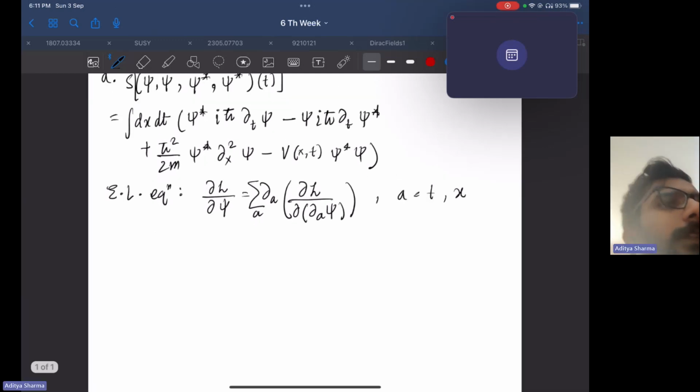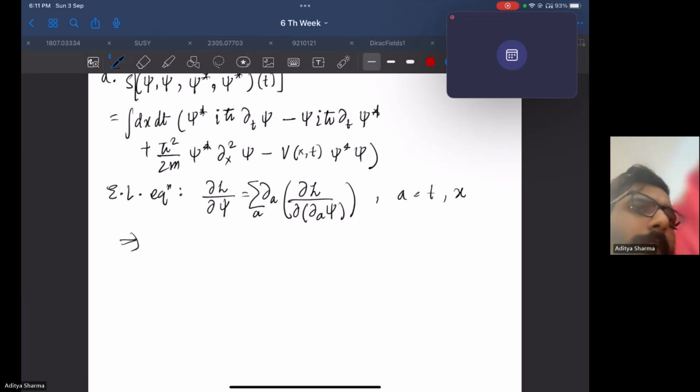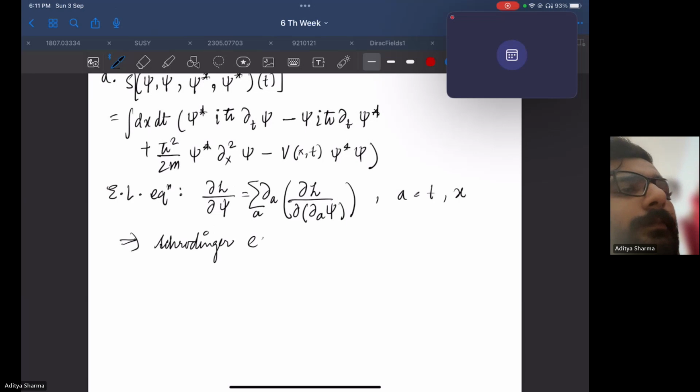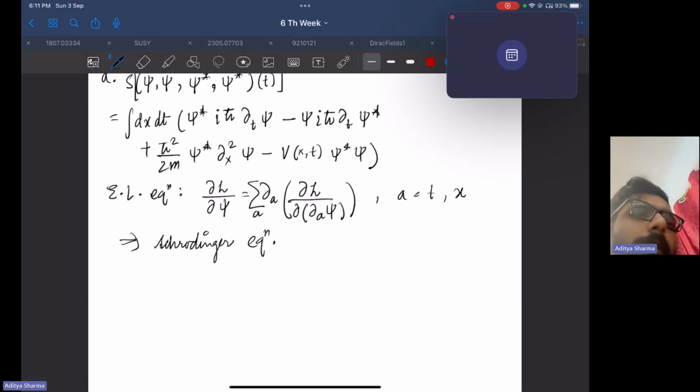When we do this, we are going to get the Schrodinger equation. We also described how the classical procedure, the Euler-Lagrange equation, gives a quantum equation.